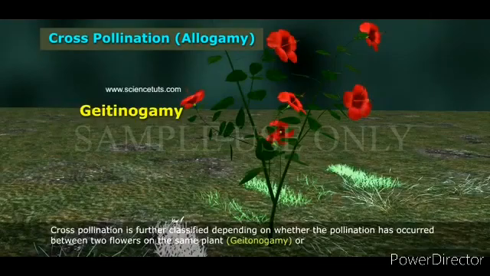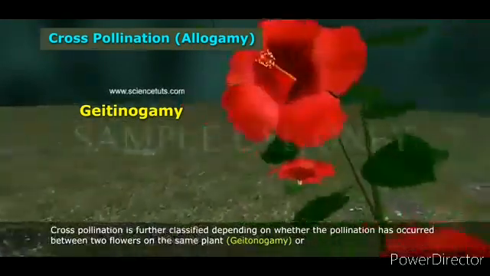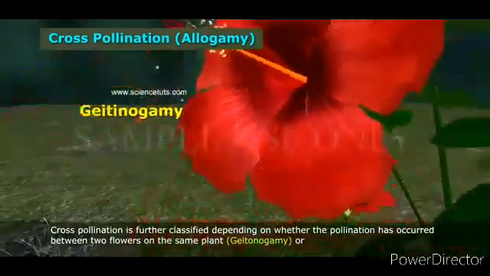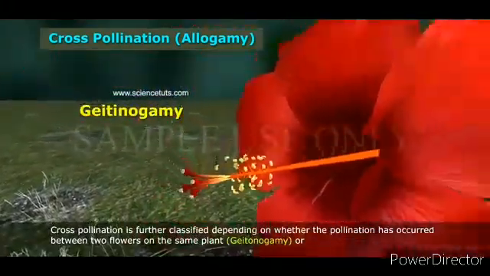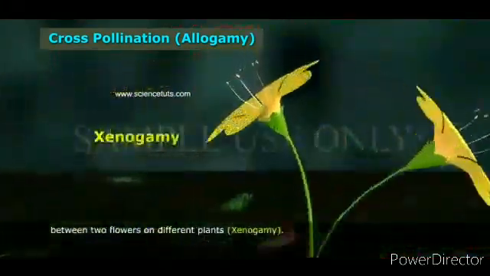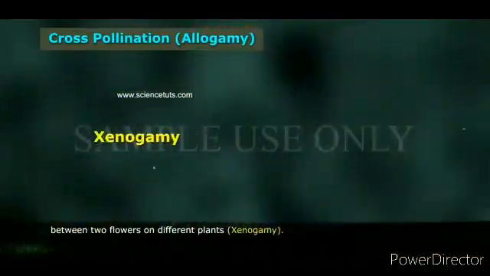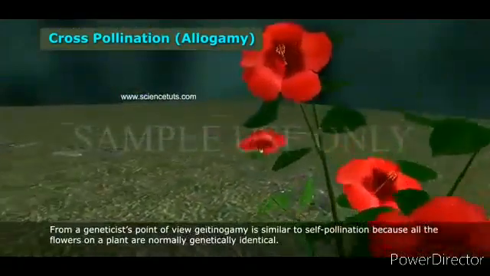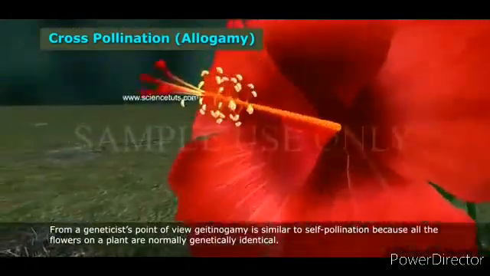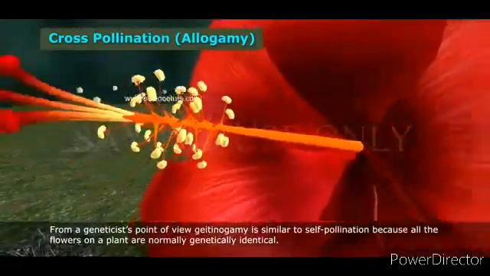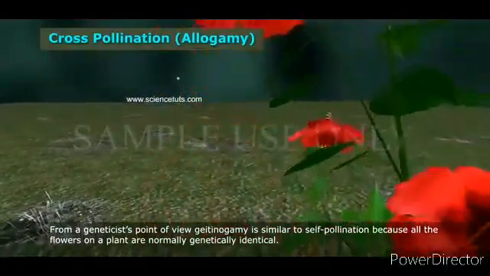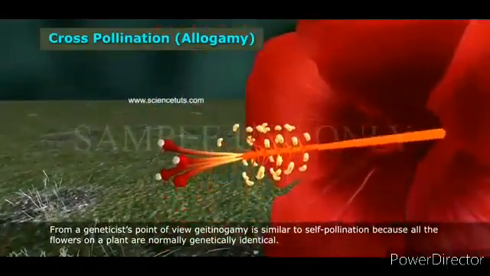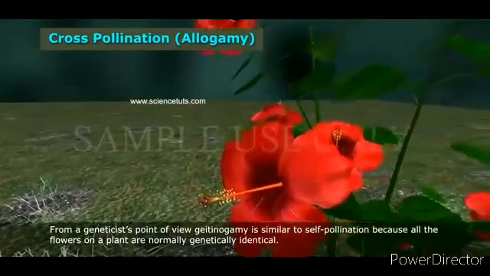Cross-pollination is further classified depending on whether the pollination has occurred between two flowers of the same plant, geitonogamy, or between two flowers of different plants, xenogamy. From a geneticist's point of view, geitonogamy is similar to self-pollination because all the flowers of a plant are normally genetically identical.